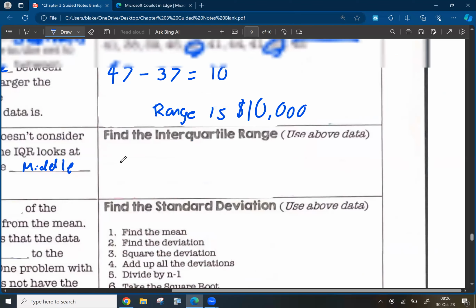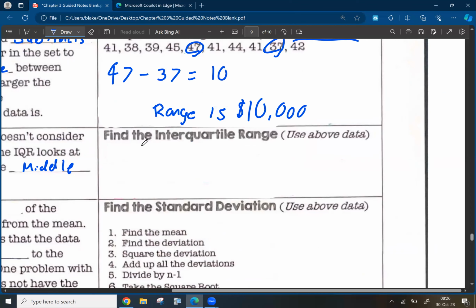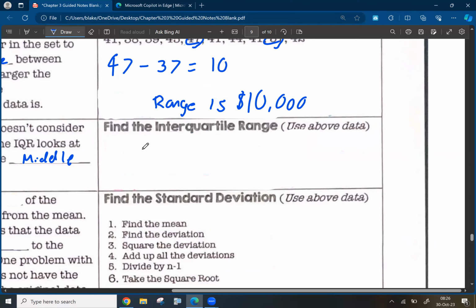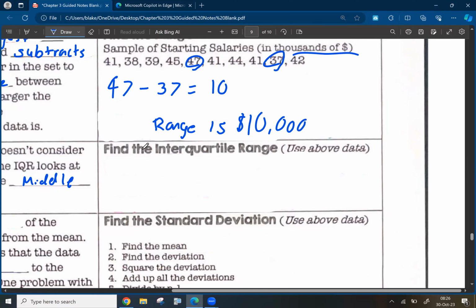Well, first we have to put these in order from least to greatest, from the smallest numbers to the biggest. We have 37, 38, 39, 41, 41, 41, 42, 44, 45, and 47. So there are 10 values here.